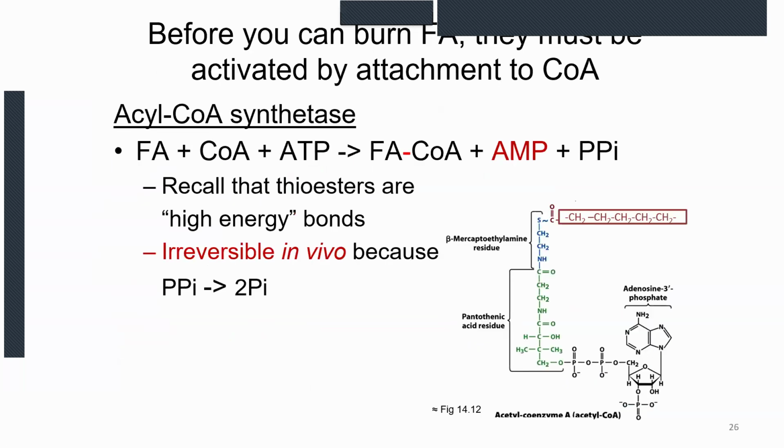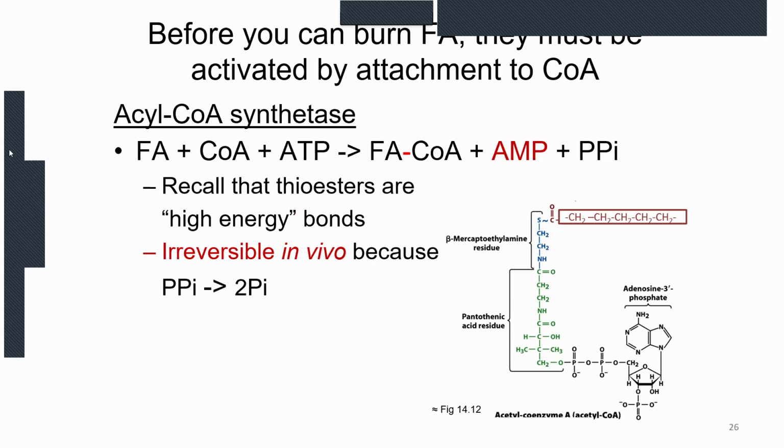Then we have to use something known as acyl-CoA, or coenzyme A, and we have to add an acyl group to it. Before we can actually burn a fatty acid, it must be activated by being attached to coenzyme A, or CoA. Now, if we look in the lower right-hand corner of this slide, what we have is our acetyl-CoA molecule.